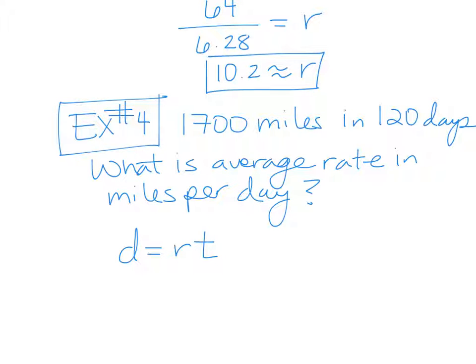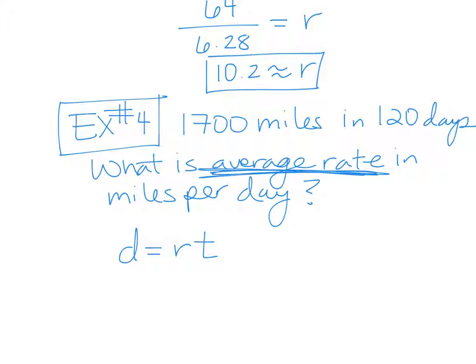And again, you don't need to remember that formula. They will give you the formula, or the formulas are all on that page number I gave you. But D equals R times T. Well, let's think about that. They're asking, what is the average rate? So what variable are we trying to isolate? If we're trying to find the rate, that's R, right?